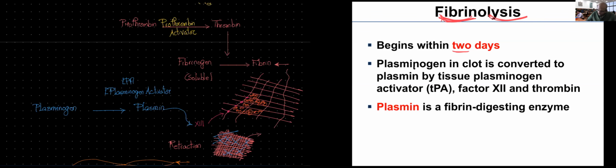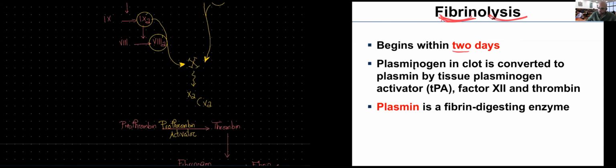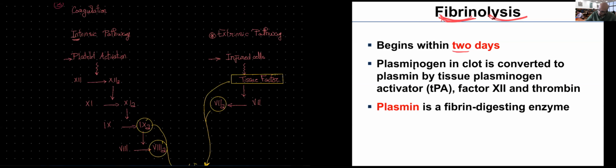Also, activated factor 12 and the thrombin. So if you notice on here, tissue plasminogen activator is going to be released from my injured cells, like the tissue factor.